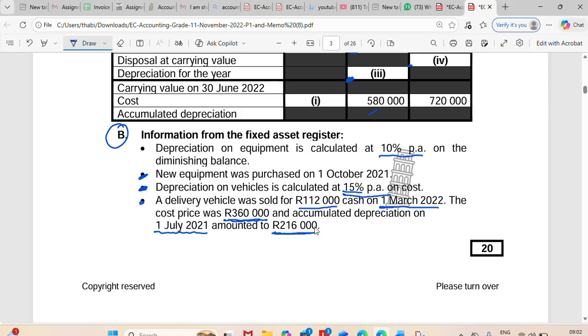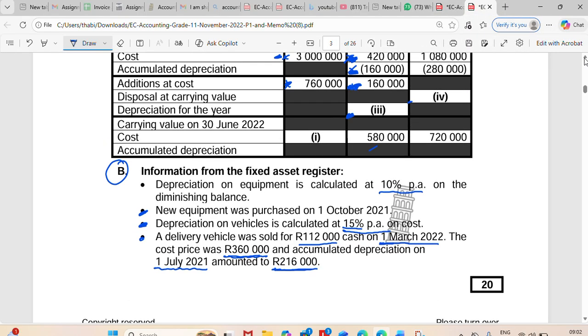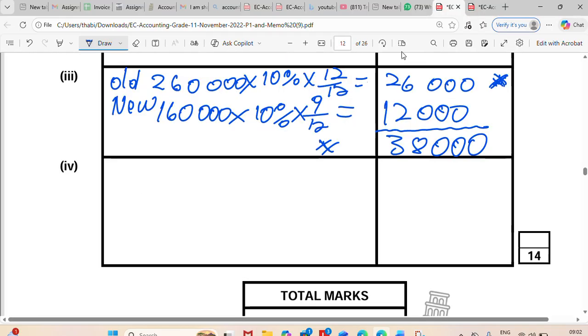So it is very important to analyze the information. You analyze your givens. So this is what we need to do now, since we're calculating the disposal at carrying value. Carrying value, guys, we need to find the cost price. Cost price is given. You go and write the cost price. It is 360,000, minus the accumulated depreciation on the day of sale. Do we have it?